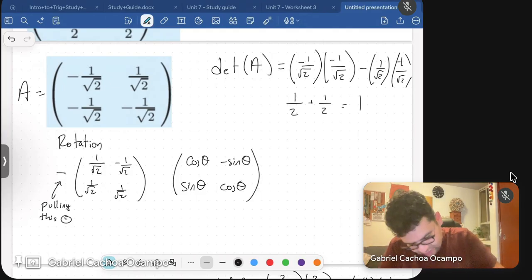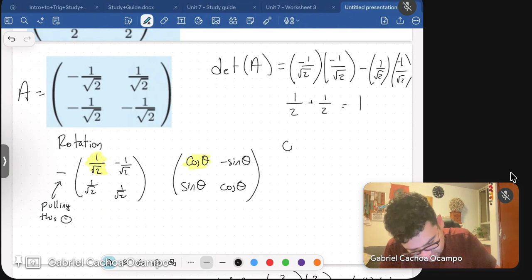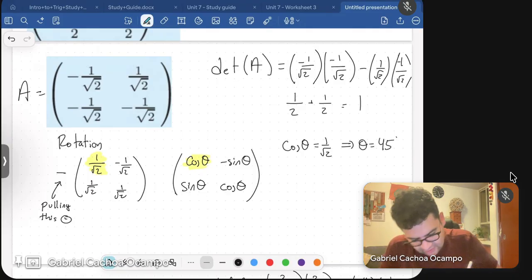So I can set the correspondence: 1 over the square root of 2 equals the cosine. So cosine of theta equals 1 over the square root of 2, which means that theta is 45 degrees. Okay, but there is a problem.